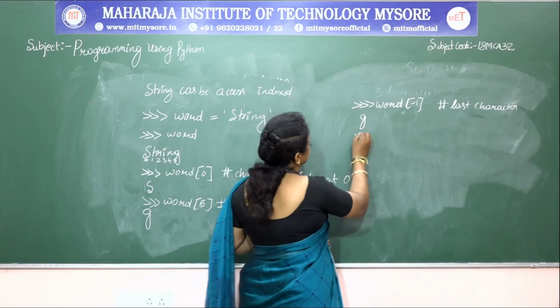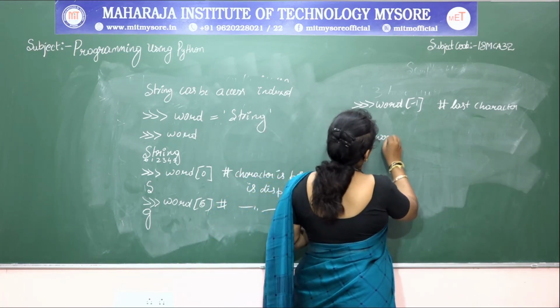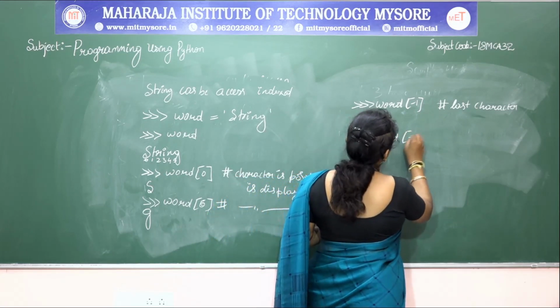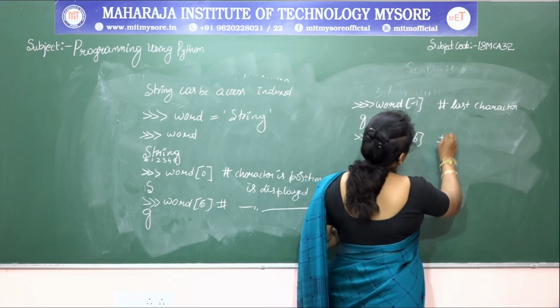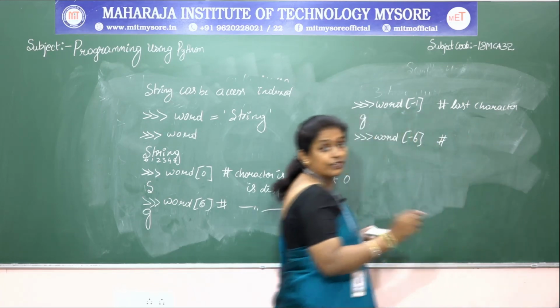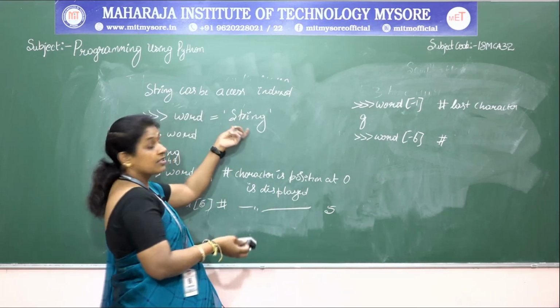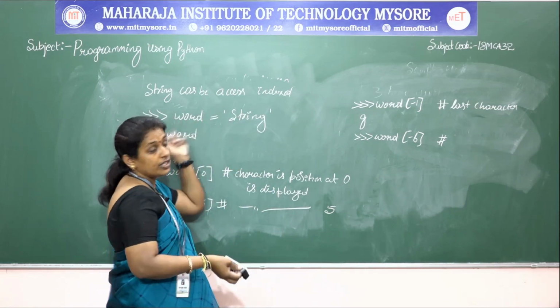Next, if I go with word of minus 6, it will give the first character of the value stored in word.